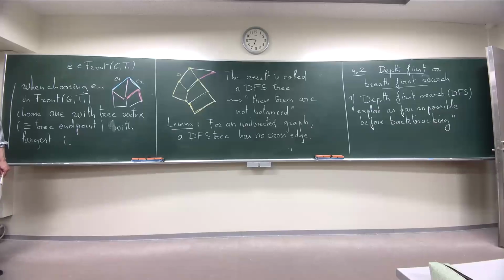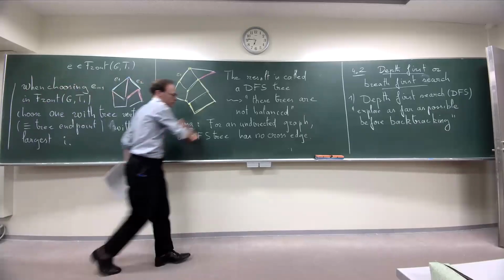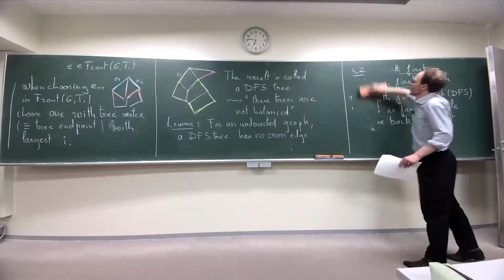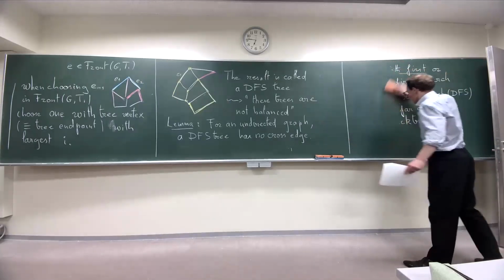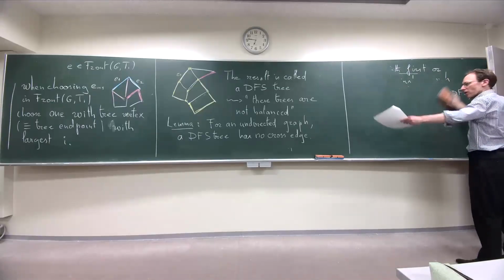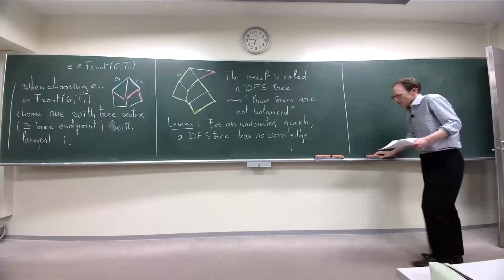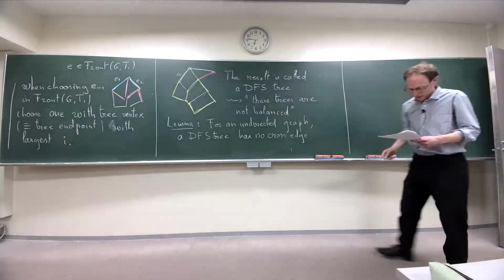Suppose you have a cross edge, then at some point you didn't use this algorithm. But it's a good exercise. So somebody was looking for an exercise. It's a good exercise because you need to remember the definition of a cross edge, and you need to think about this algorithm. But once you understand, it's not difficult.